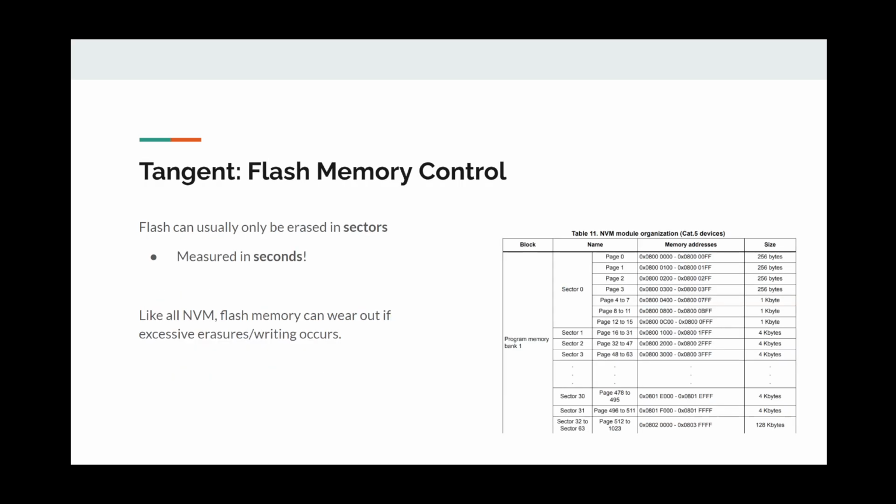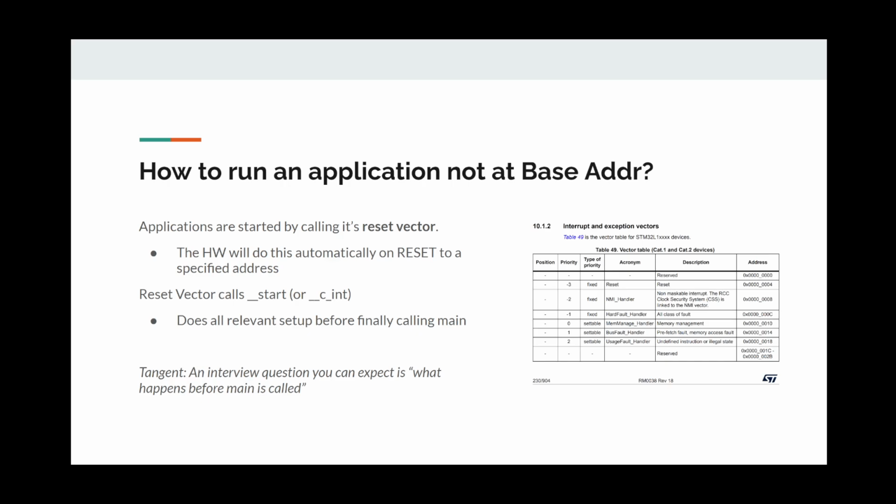So on boot, the hardware is going to look at 0x0800 and try to run something called an application reset vector. But our application that we want to run is not located at that address. It's located above that. And so what we want to do in our application is develop a way to call the primary application's reset vector within the bootloader.